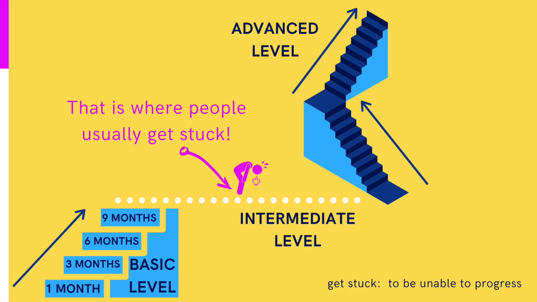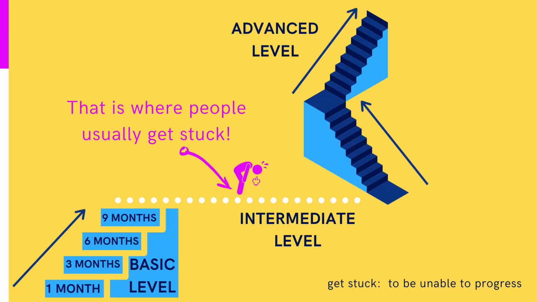And that's the place that most of the students get stuck. And what is to get stuck? To get stuck is to be unable to make progress. You don't see the progress coming. It's like you're walking in a straight line.